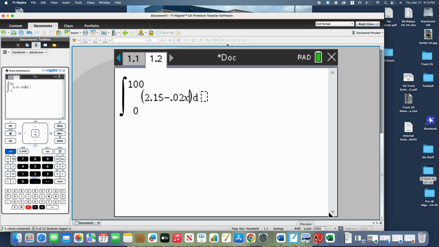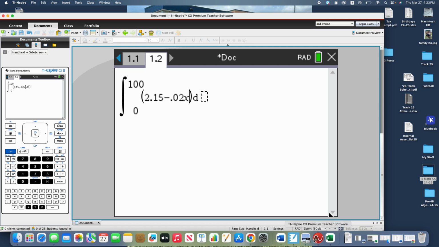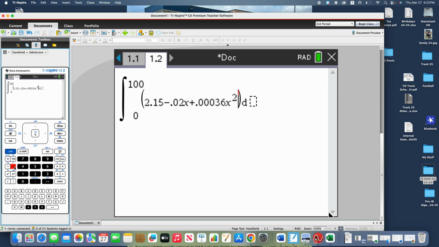I'm going to double check that real quick. The original 0.0, and then plus 0.0036, 3 zeros there, 36x squared. All right, so plus 0.00036x squared dx.